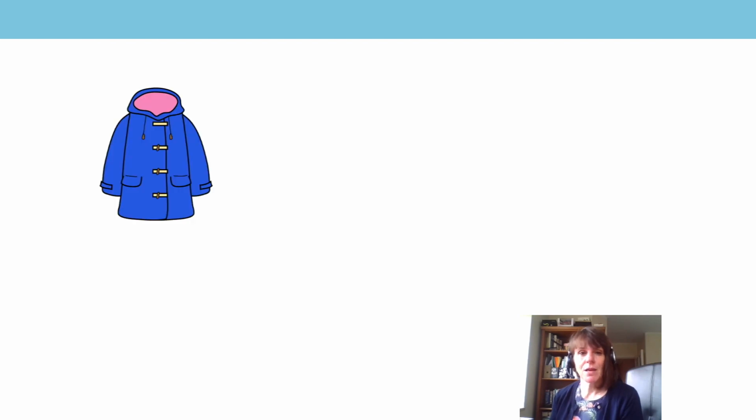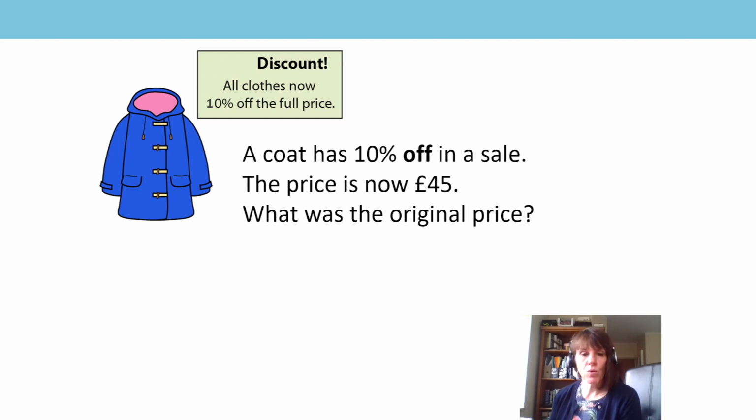In this lesson, we're going to look at where we're given the percentage reduction and we have to find the original number or value. So we have a coat, and in this case, all the clothes are now 10% off the full price. A coat has been reduced by 10%, and it's now £45. What was the original price?